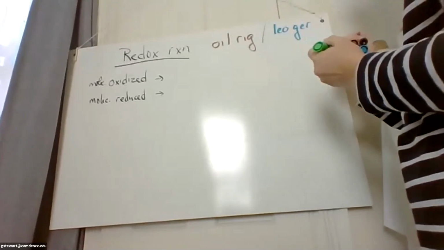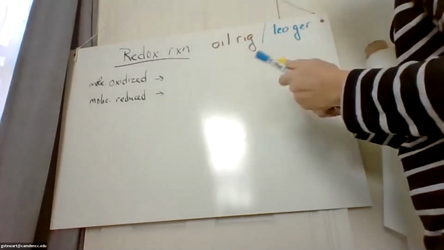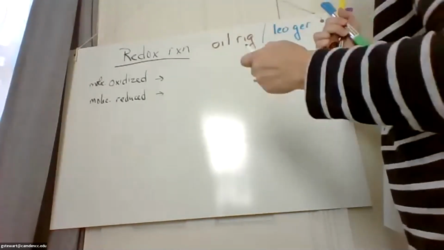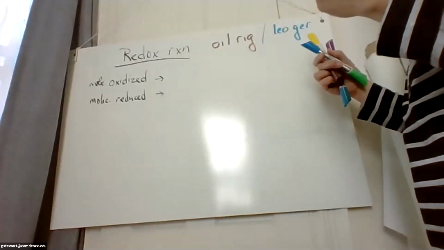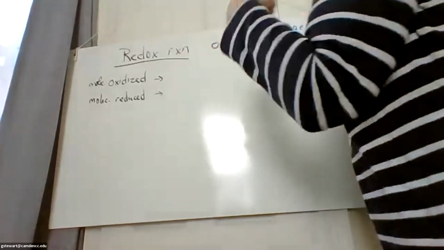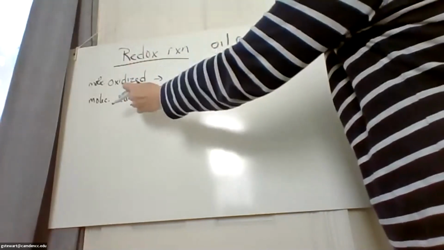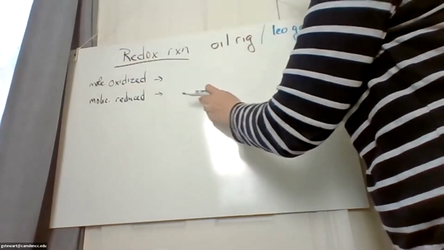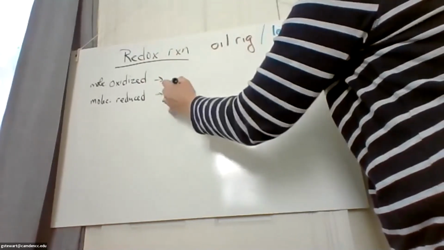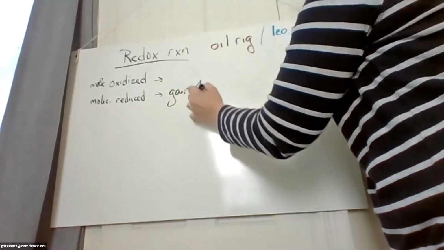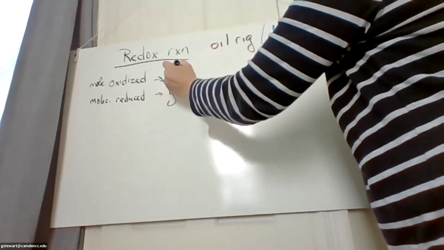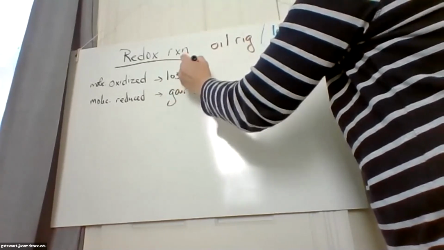So either one of those, we call those, right, mnemonic devices to help us remember. Either one of those I would use. And I also tell students I would always only remember one of them and then just puzzle out the second one. So myself, I always remember that reduction is the opposite of what I think, right? So reduction, I would think, means loss of electrons, but it's actually gain of electrons. And the molecule that's oxidized, that's the one that loses the electrons. So loss of electrons.